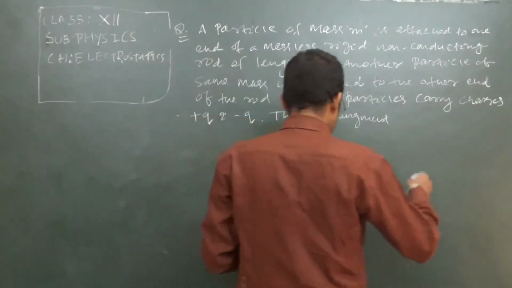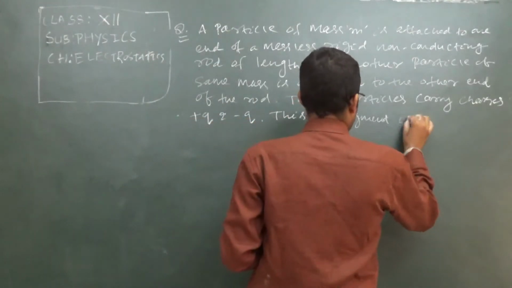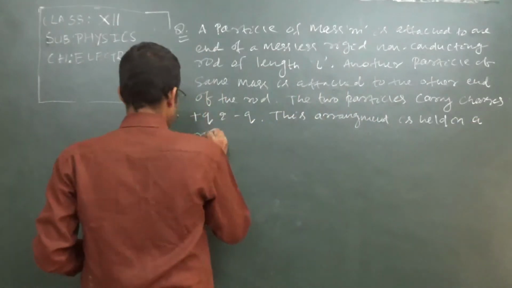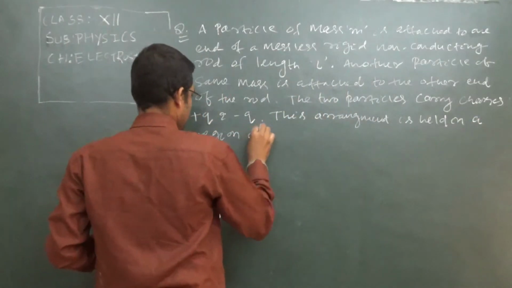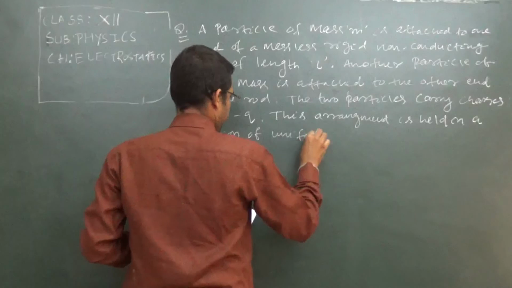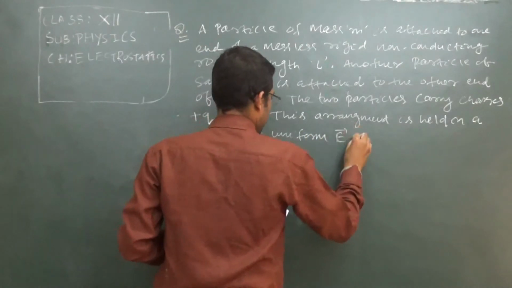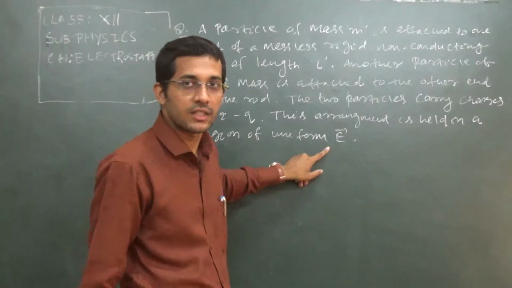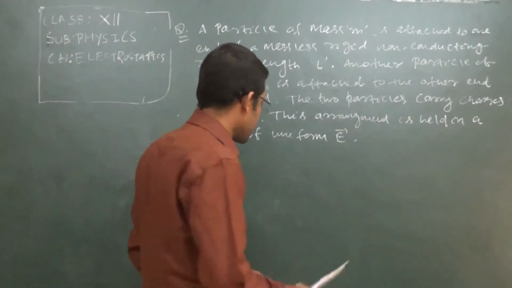Clear? This arrangement is held in a region of uniform electric field. So you can easily understand what we need to apply here. It must be the concept of torque on a dipole. Clear?